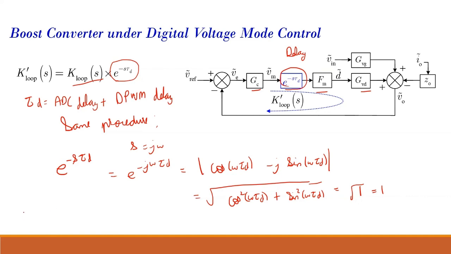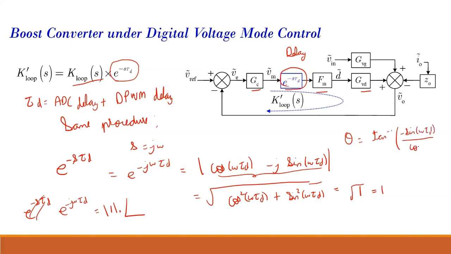So e raised to minus j omega tau d can be represented as a magnitude 1 into a certain angle. How we find this angle is the tan inverse of the imaginary part over the real part, which comes out to be minus omega tau d.